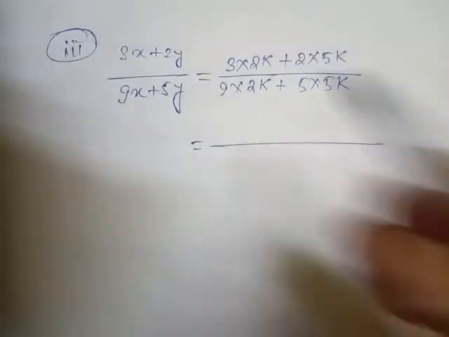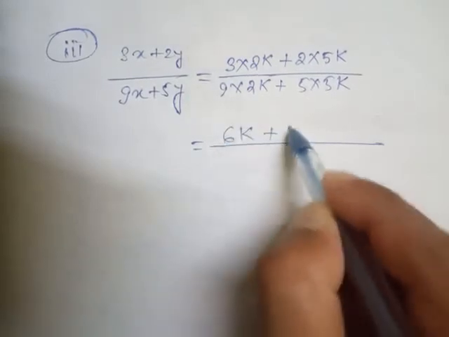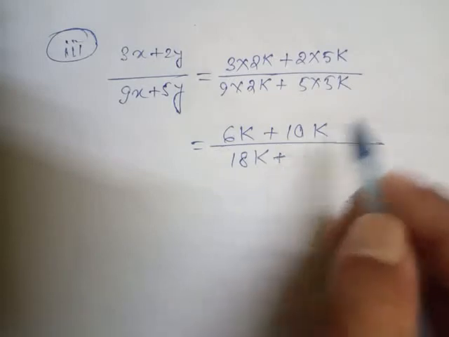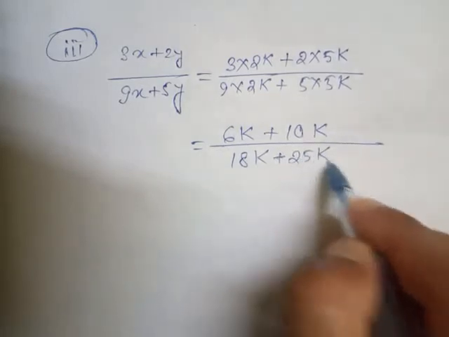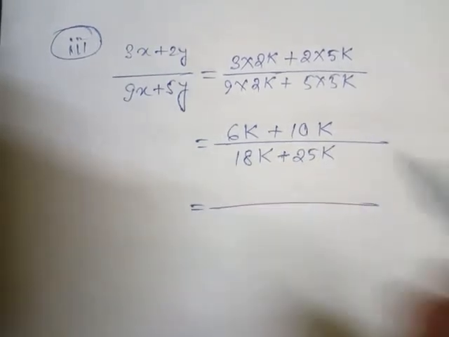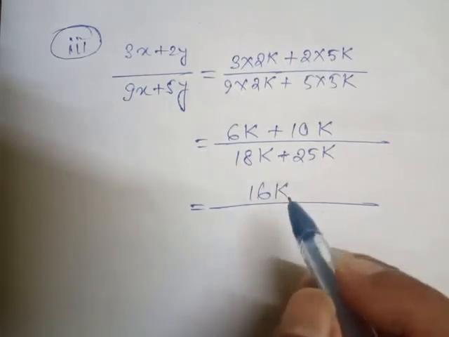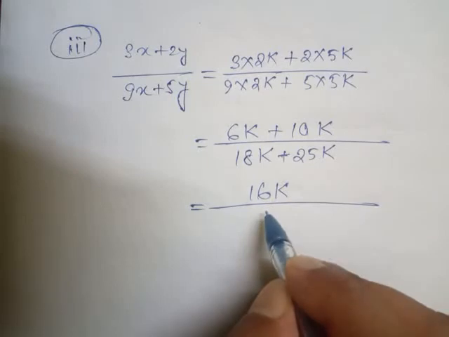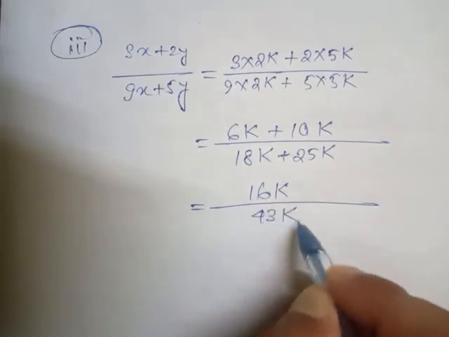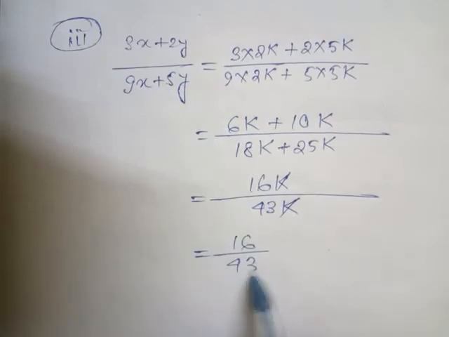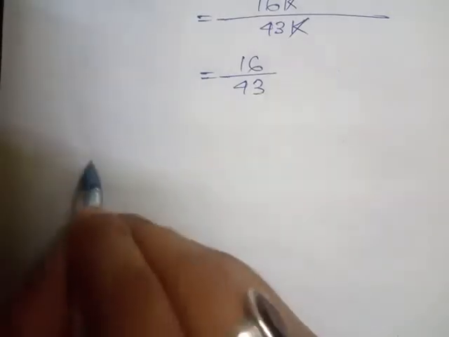Now 3 times 2k is 6k, and 2 times 5k is 10k, 9 times 2k is 18k, and 25k. Now after that, 6 plus 10 is 16k, and 18 and 25 is 43k. Cancelling k, the answer will be 16 by 43. Now part 4.